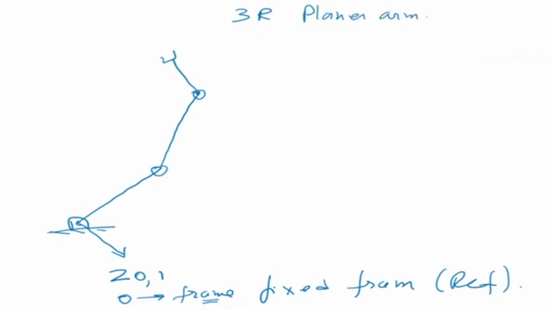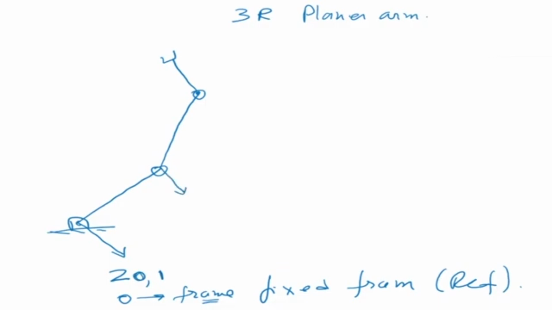I want to show how the transformation matrix actually works. Because the joint is a revolute joint, the axis is pointing out of the board, out of the plane, in this direction. So z0 and z1 I put together.